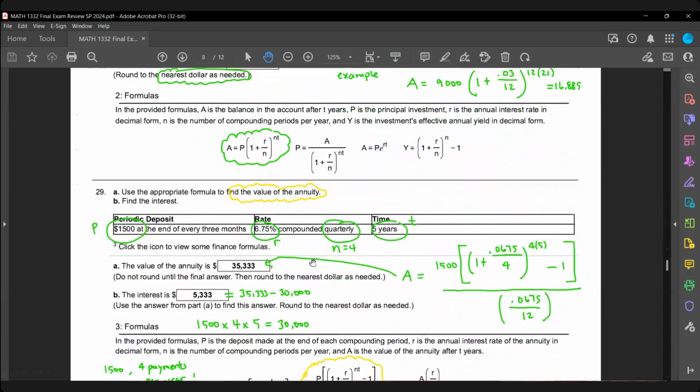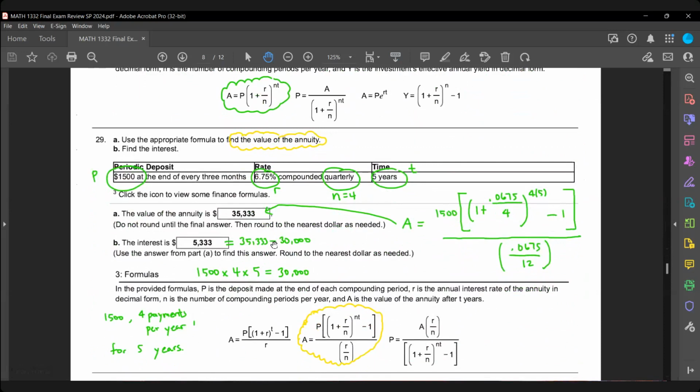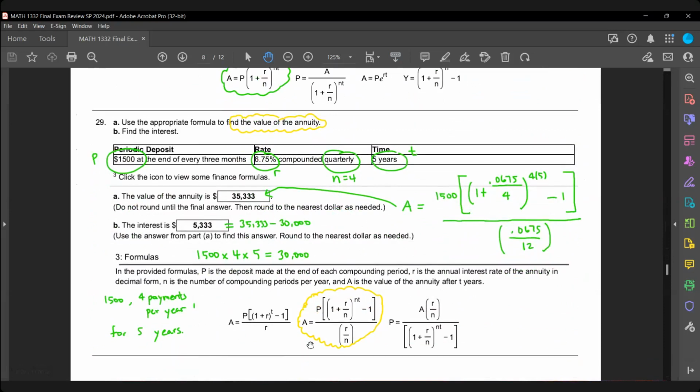Number 29, straightforward, wants to find the value of an annuity. But more importantly, MyMathLab has provided some formulas. Which one is the right formula for this example? How do I determine which one it is? First of all, it wants to find the future value, so it must be either this formula or this formula.